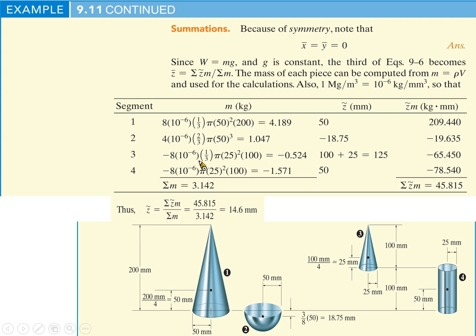Okay, then this part is the other cone. So the radius becomes half, and the height is also 100, and then that's times pi, and then divided by 3, which is the cone volume. Okay, then this is the density.